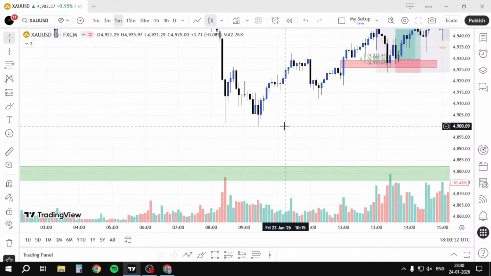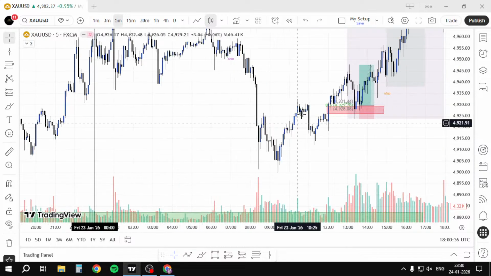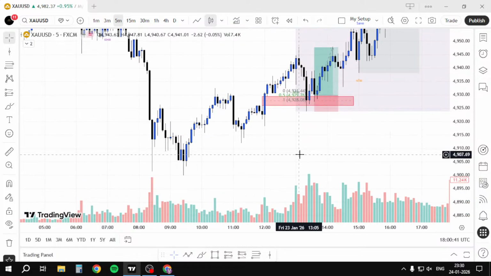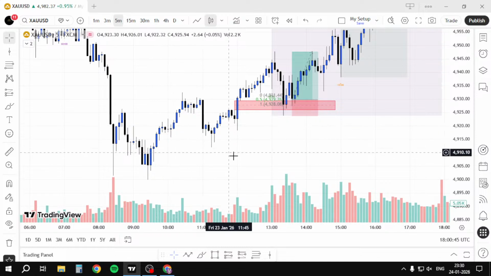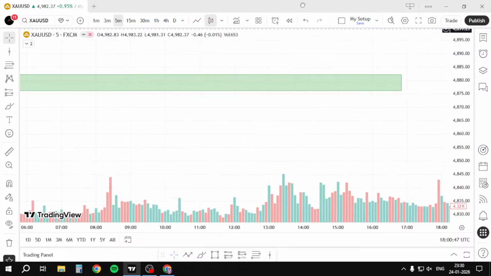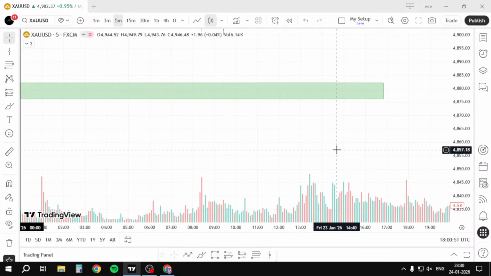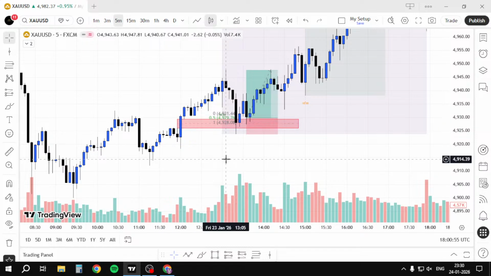Now, see, this swept all those liquidity, POI has been tapped. Now, what is left behind? There is no FVG or order block as such, nothing left except this and below these zones. Now see, there is an FVG that is left behind.